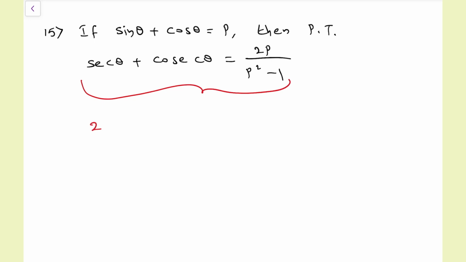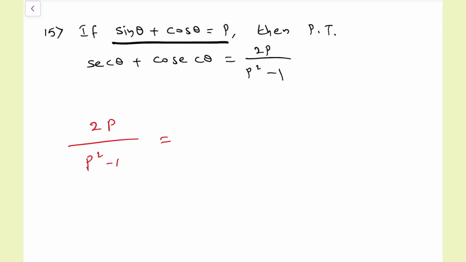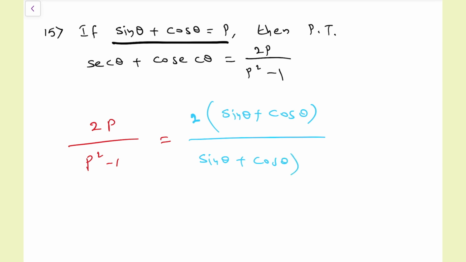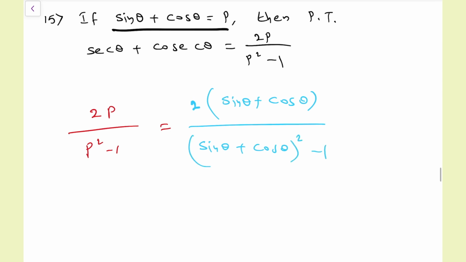We will take the right side part, 2p divided by p square minus 1, and we will substitute the given one in the place of p. Here the p value is given as sin theta plus cos theta, right? So 2 into, in the place of p, sin theta plus cos theta, whole divided by p square, sin theta plus cos theta whole square, minus 1 as it is.